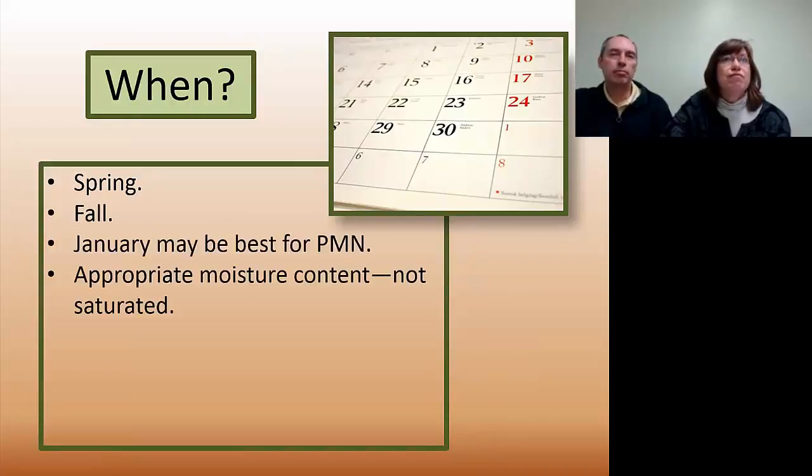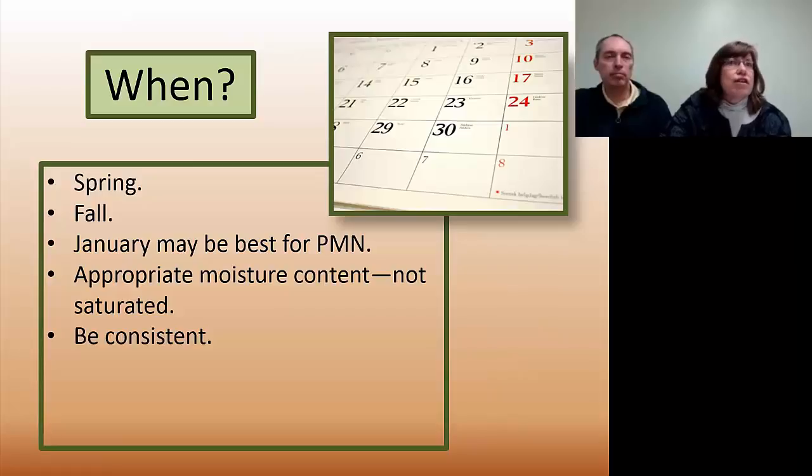January may be best for potentially mineralizable nitrogen. Sample when you have an appropriate moisture content, so the soil's not saturated. Most important is be consistent, because the results you get will vary upon when you take the analyses. And to be most consistent, take it at the same time of the year.